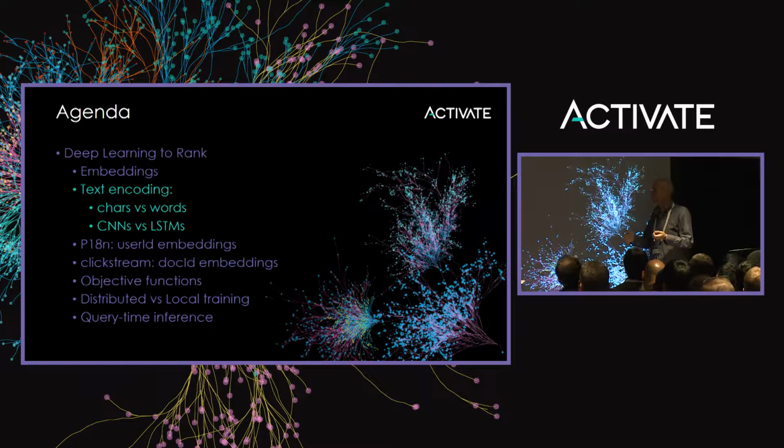But maybe you don't get to take a sequence of tokens. Maybe you have a sequence of characters. Then the question is, what are you going to do to it? What kind of deep learning model are you going to pass it through? The two big ones for this kind of problem of text encoding are convolutional neural nets, one-dimensional convolutional neural nets. So an analog to a two-dimensional grid for an image is a one-dimensional grid of a sequence of tokens.